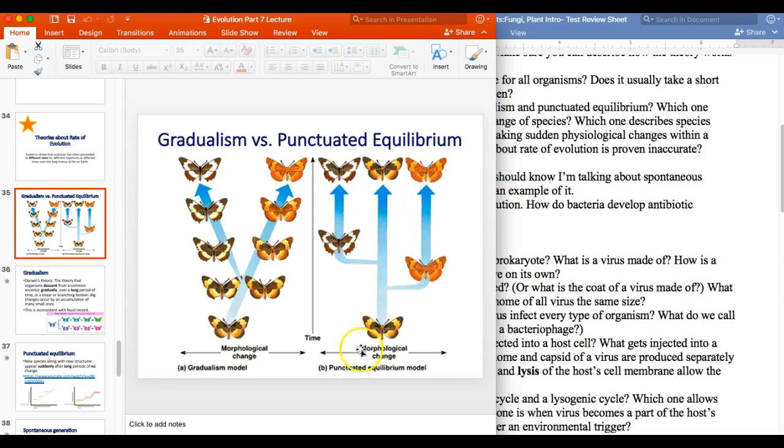We now know that the punctuated equilibrium model is more accurate to how evolution actually happens, and this is because if you were to look at fossils, you rarely see small changes in between fossils that are related. You usually see fossils that stay the same for a really long time and then change all of a sudden.